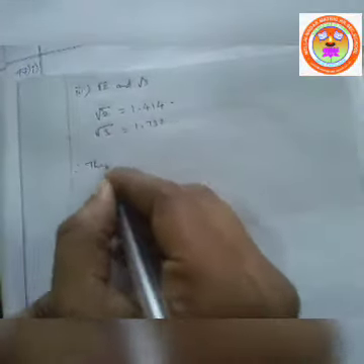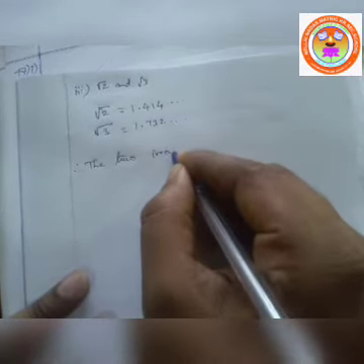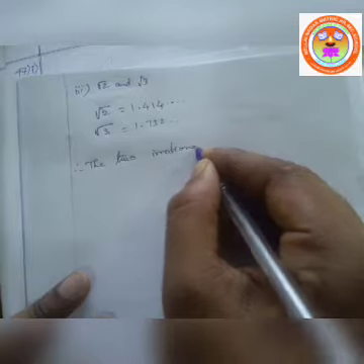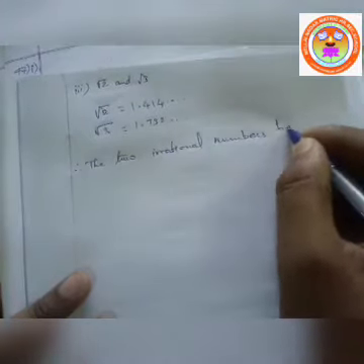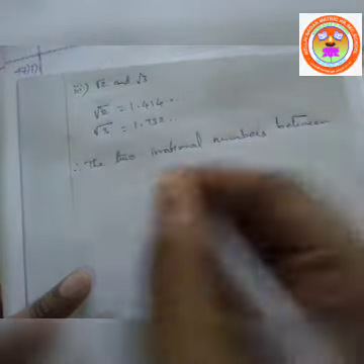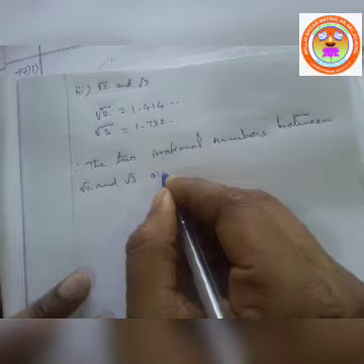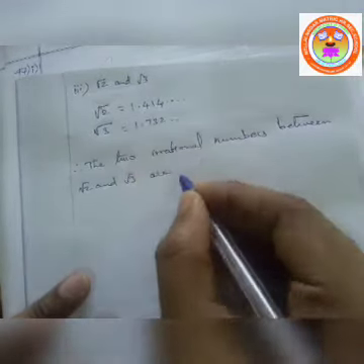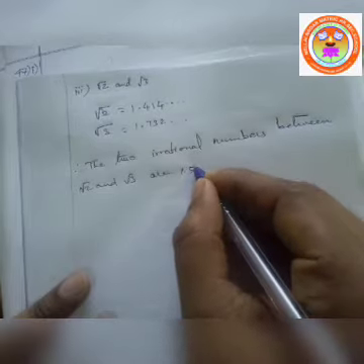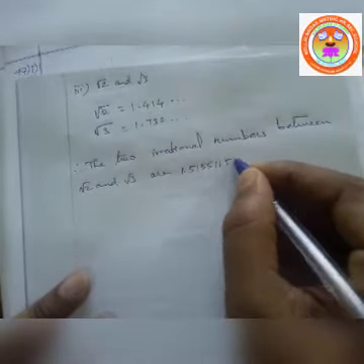Therefore, the two irrational numbers between root 2 and root 3 are: take the next number of 1.4, it is 1.5, 1.55, 1.5155 11555.